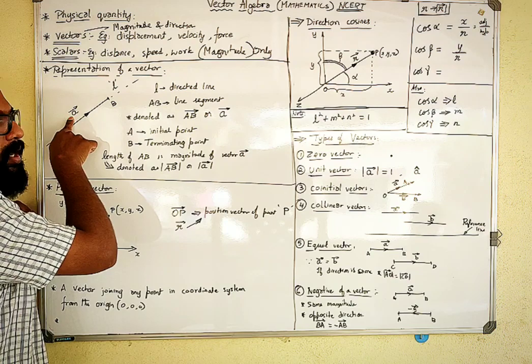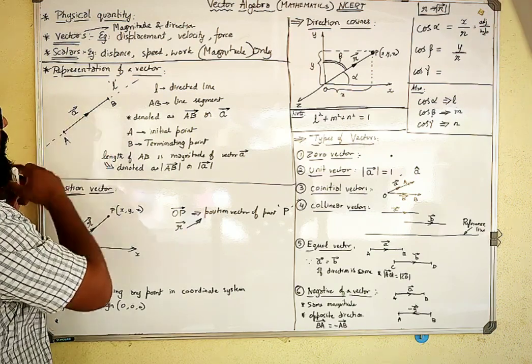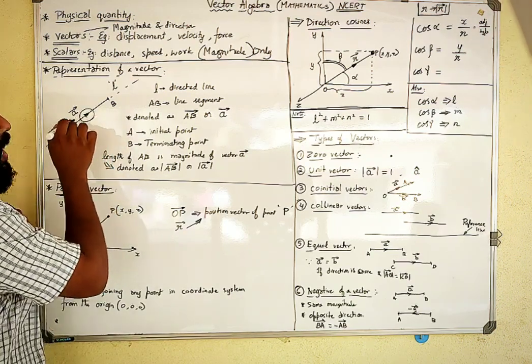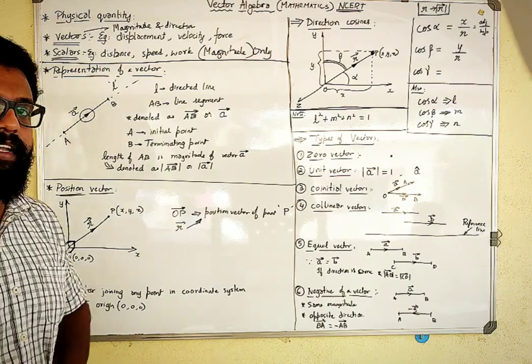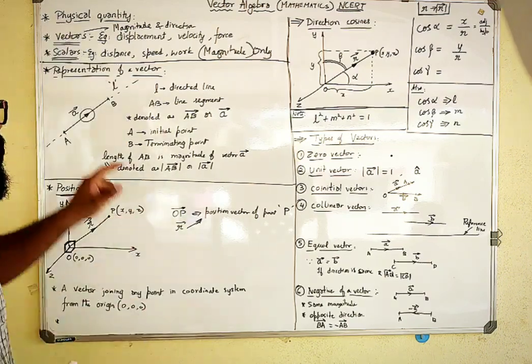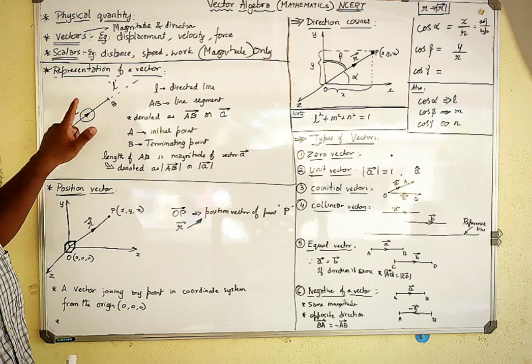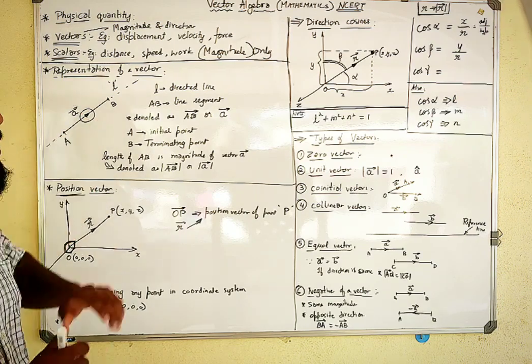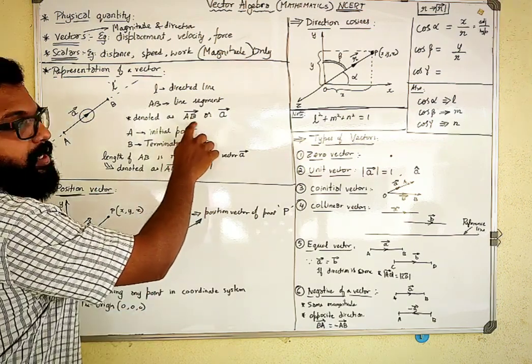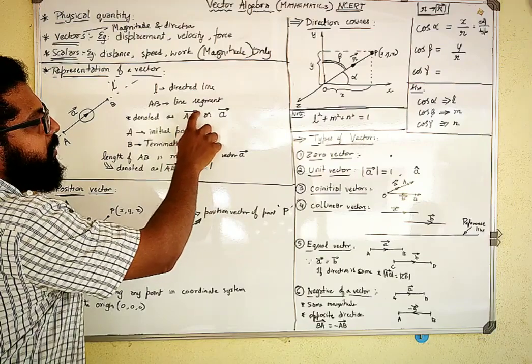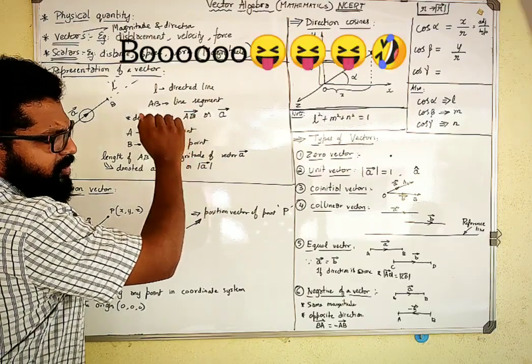Let me name that vector as a vector. Whatever arrow mark is marked on the line will determine the direction of the vector, not the arrow mark on the denoting letter. Here you can see that AB has one direction, given by the arrow mark.